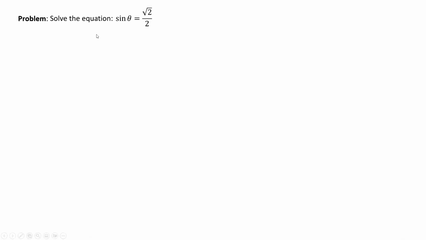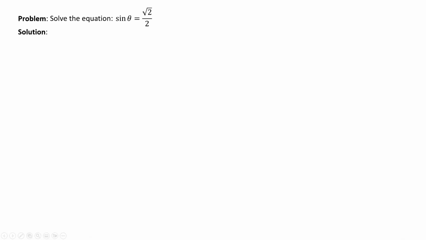What it means is find the value of theta, or find the values, plural, of theta such that sine theta equals square root of 2 over 2. That's called solving the equation. Finding all the values of theta that would satisfy this equation sine theta equals square root of 2 over 2 is precisely what is meant by solving this equation.